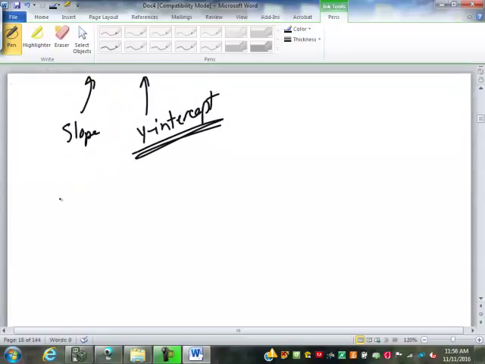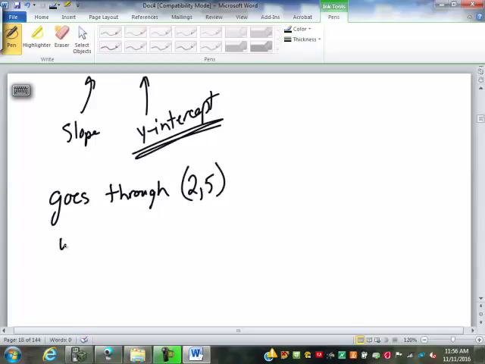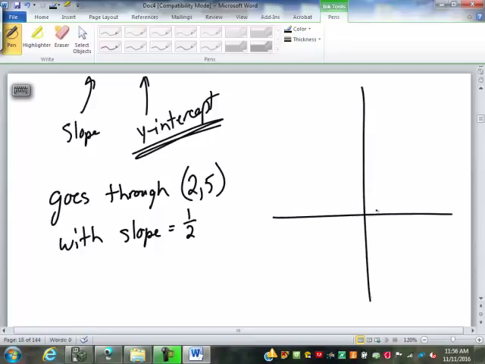If I tell you that a line goes through the point 2,5 with slope of 1/2, I can graph that, the point 2,5.